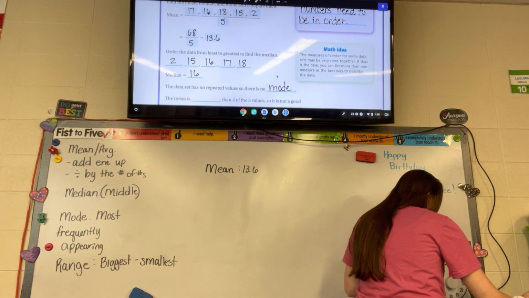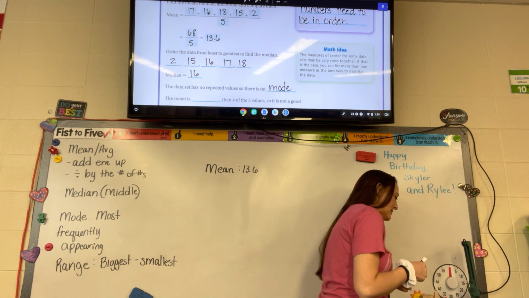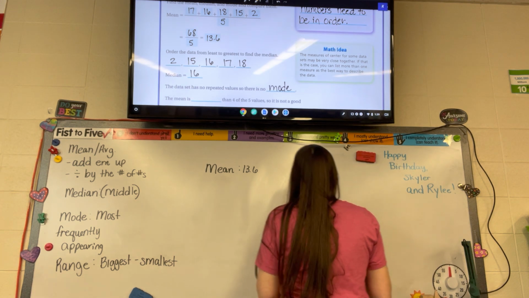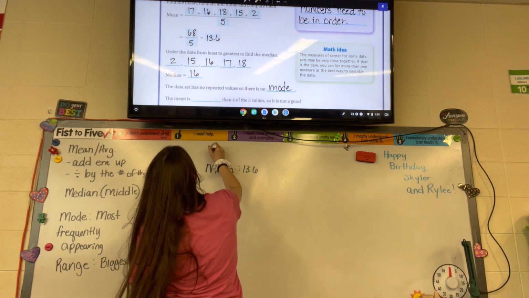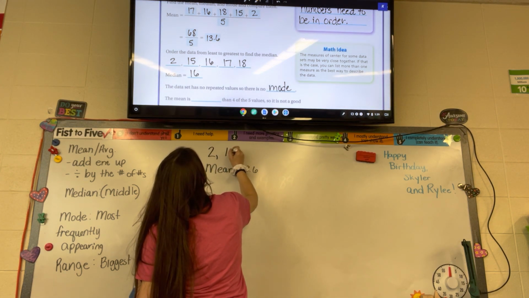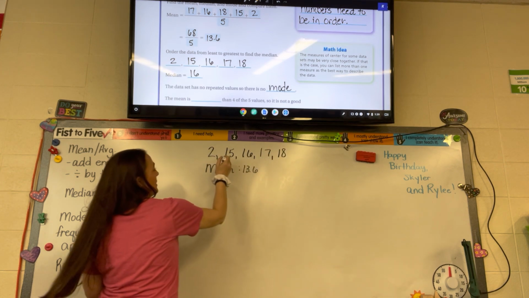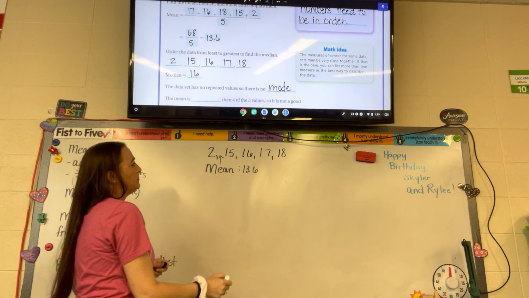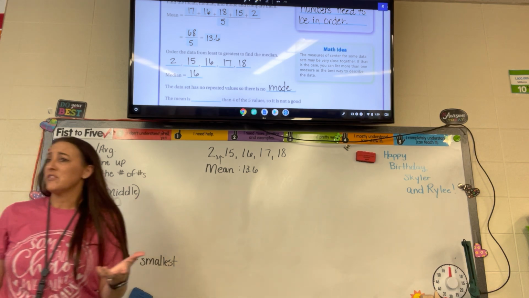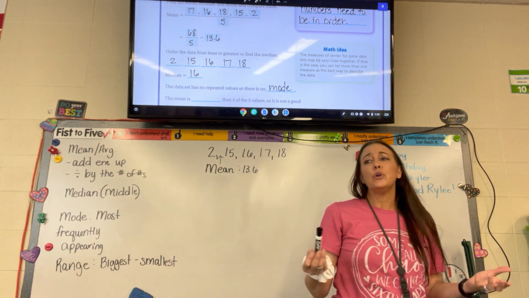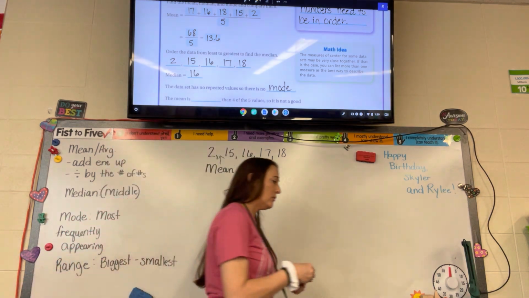Okay, and now it says the mean is blank less than 4 of the 5 values. So the 13.6, do you see that in our values 2, 15, 16, 17, and 18? The mean would be right here, right? And that's lower than 4 out of the 5 values. So the mean would not be a good description of the distance that her airplane flew.